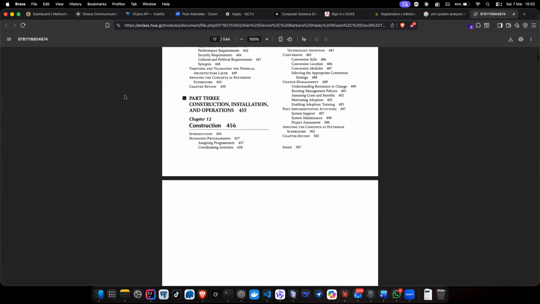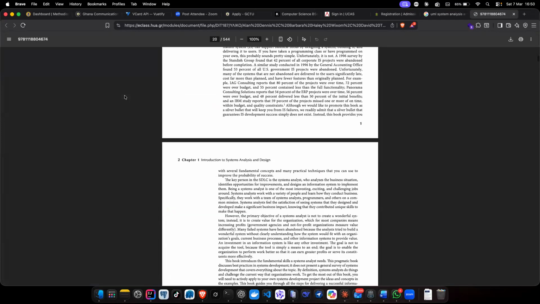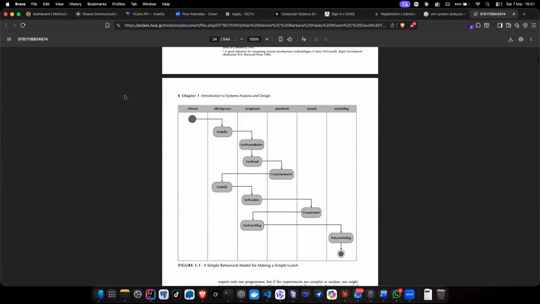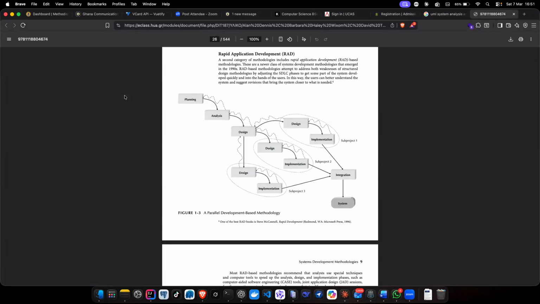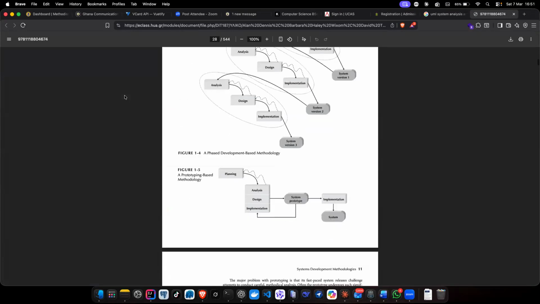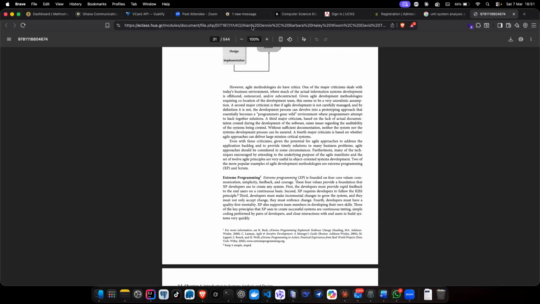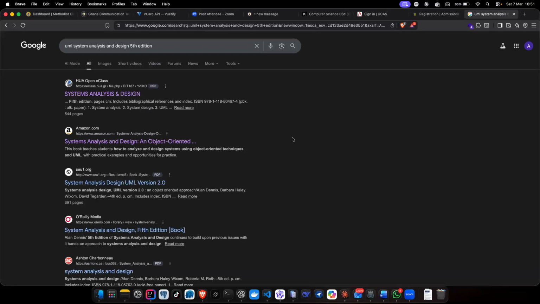I think it's this one. Not this one, but much similar.